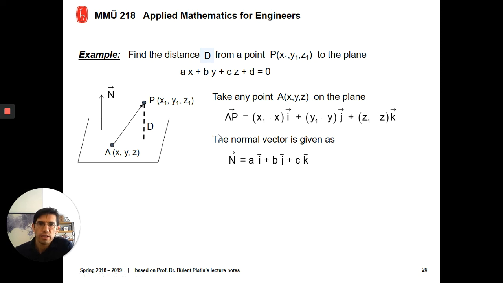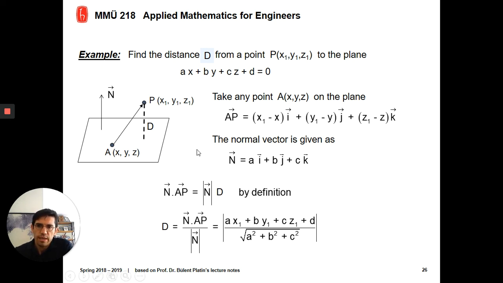And the normal vector can be given as we defined before. Now, there is some definition over here. It says by definition, but we can make sense of it by taking this n over to the left-hand side. The distance between a point and a plane can be then understood as the unit normal vector, right?